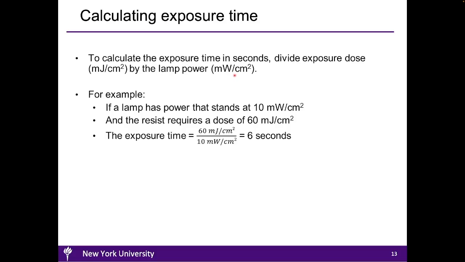Specifically, the exposure time can be calculated by dividing the exposure dose by the lamp power density. Assuming a lamp power density of 10 milliwatt per centimeter square and a dose of 60 millijoule per centimeter square, the exposure time can be calculated as 60 millijoule per centimeter square divided by 10 milliwatt per centimeter square, resulting in 6 seconds of exposure time.